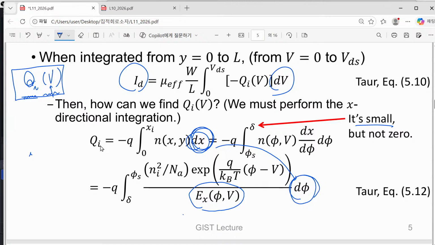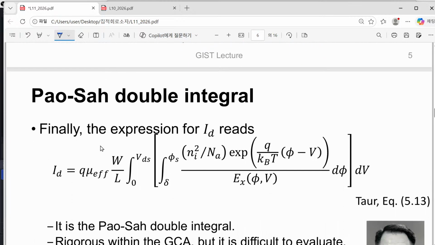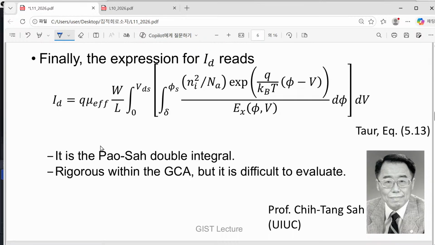As a result of this variable transformation, now we have this inverse of electric field. Therefore, finally, the expression for ID now looks like this.